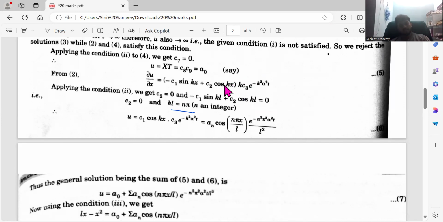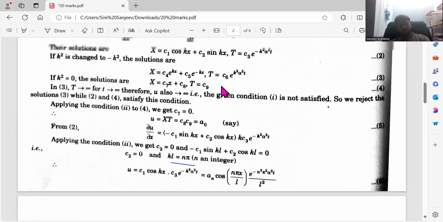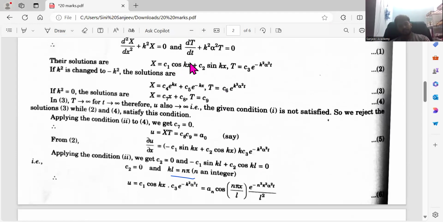This is already done. Correct? So just substitute in the above equation. Here, C1 cos kx, C2 value is already 0. And T is C3 power minus k square alpha square t. U is equal to again xt. So all of these steps they have missed.